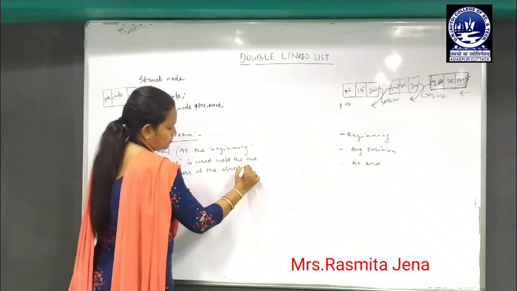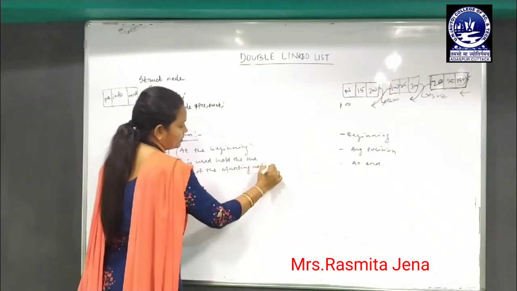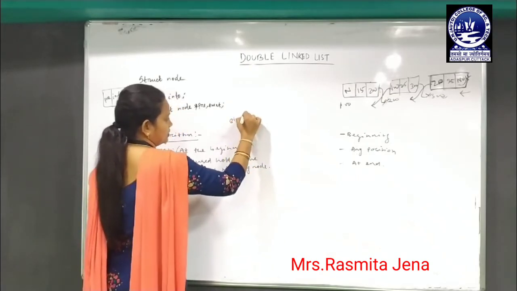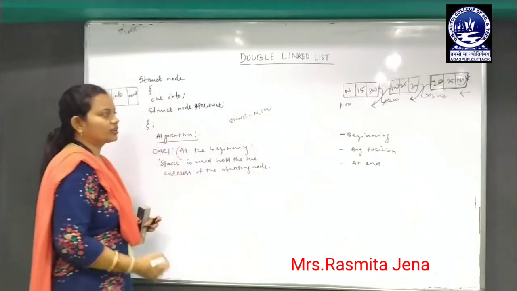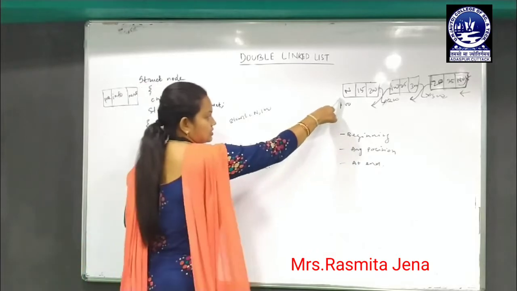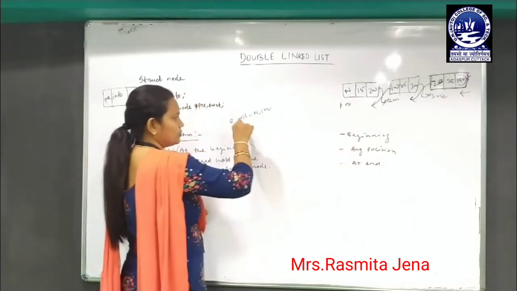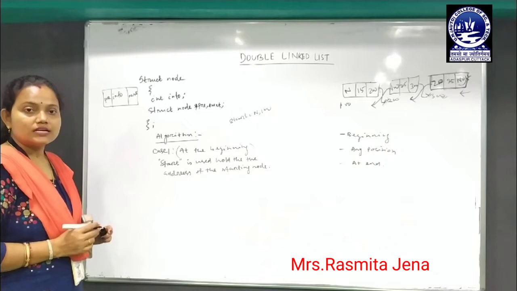Initially start is null, and when the list is created it becomes 100. You can see the starting node address is 100, so it will be assigned to the pointer start.